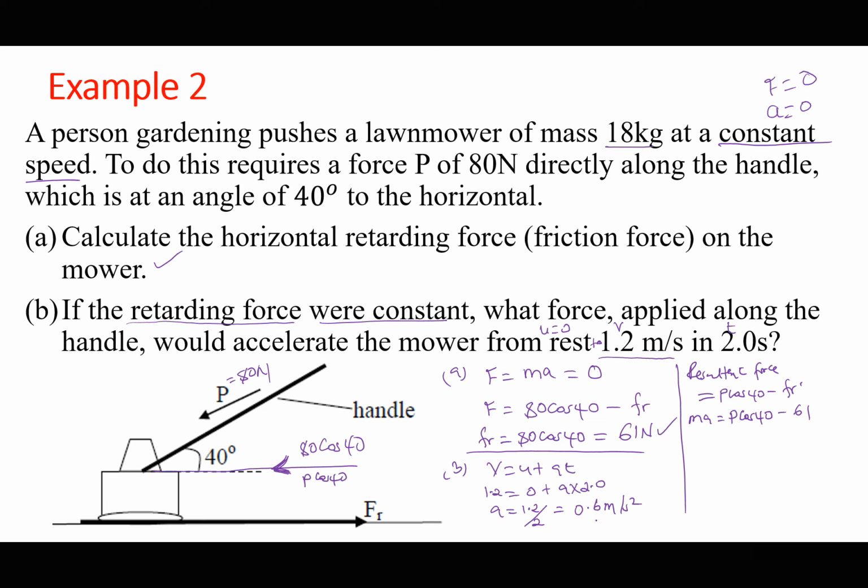And remember, the acceleration is 0.6 and the mass is 18. So I'll say 18 times 0.6 should be equal to P cos 40 minus 61. So I'm just making P the subject. P will be 18 times 0.6 plus 61, divided by cos 40.